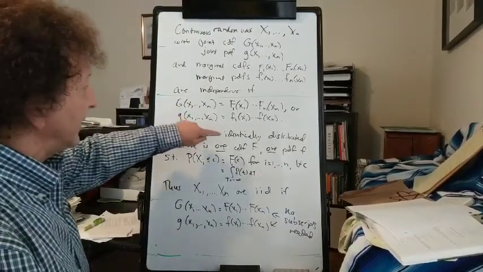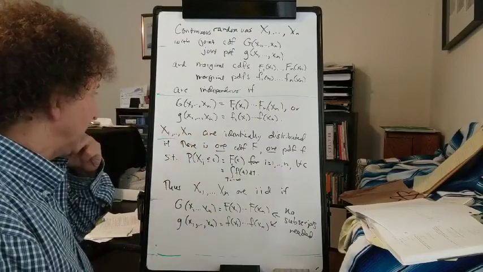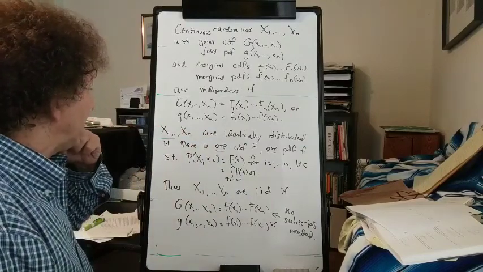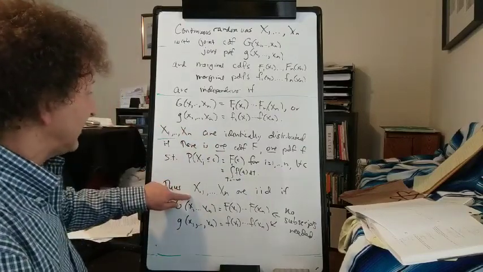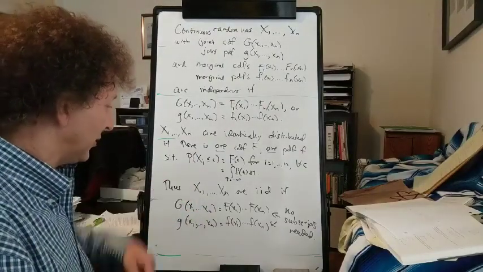Alright, now identically distributed random variables aren't always exchangeable random variables, but it turns out that independent and identically distributed random variables are always exchangeable.